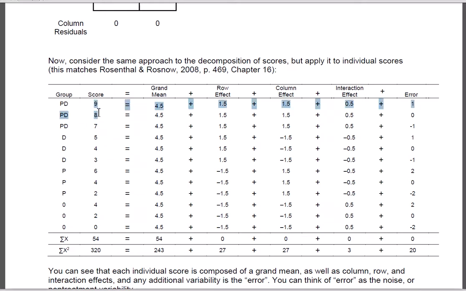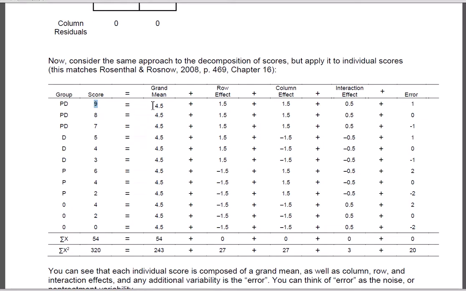So these 3 scores right here, again, I can't highlight them all, but the 9, 8, 7, these 3 scores here are all in the PD group, and we can take each individual score. Let's start with the first one. The score of 9 is composed of the baseline, which is the grand mean. Some people are going to be a little higher and some people a little lower than the grand mean.